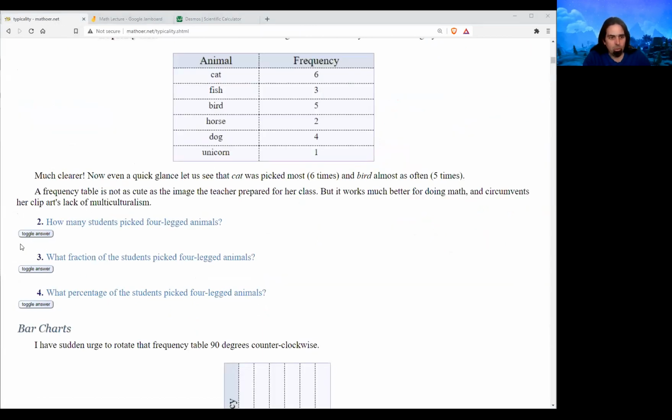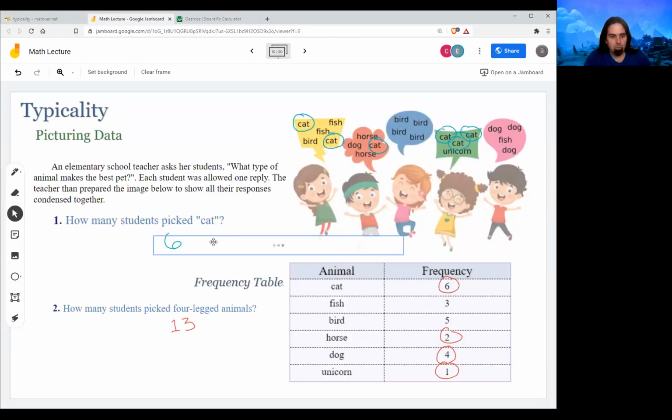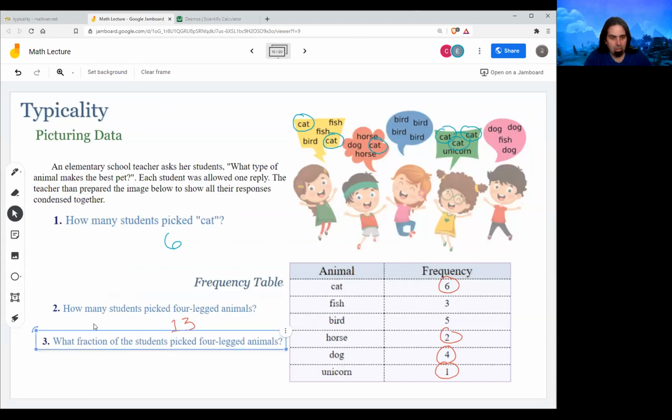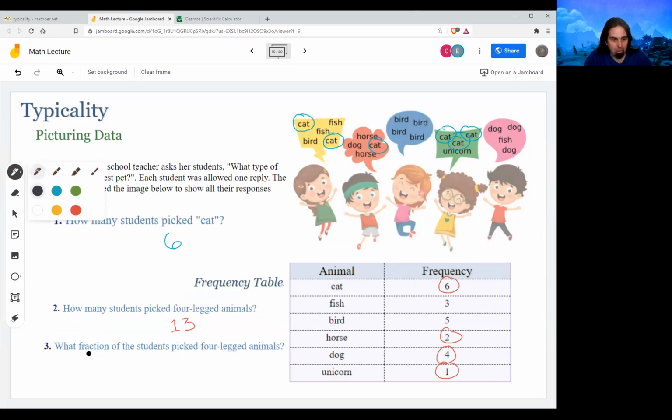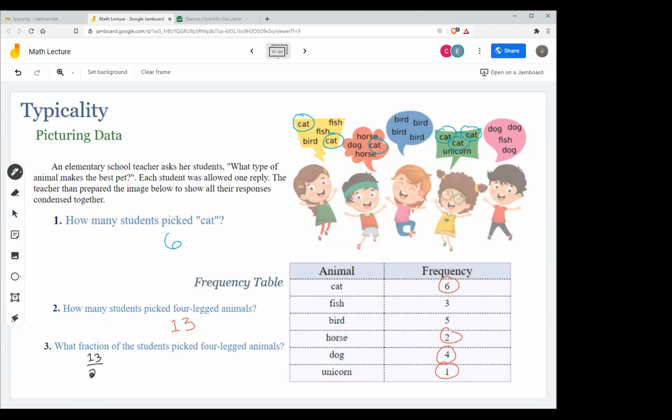We could ask a different thing. What fraction of the students picked 4-legged animals? It's 13 out of something. 21. 21, we'd have to add up everything, right?